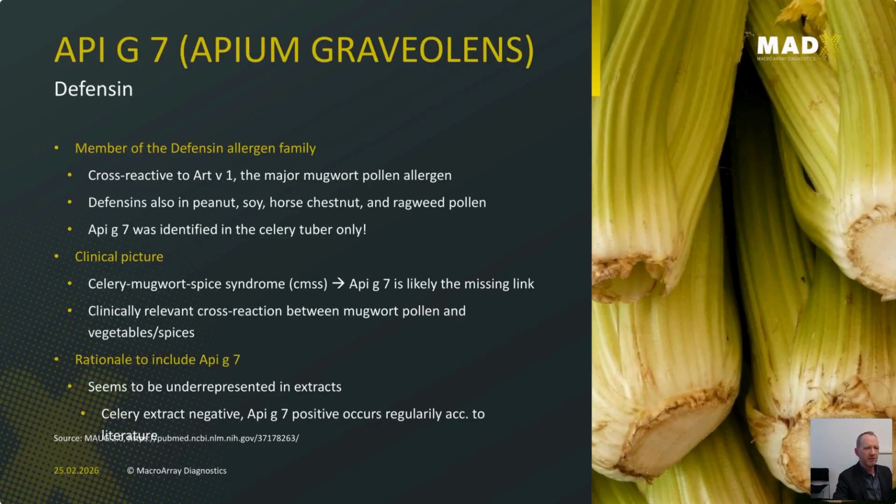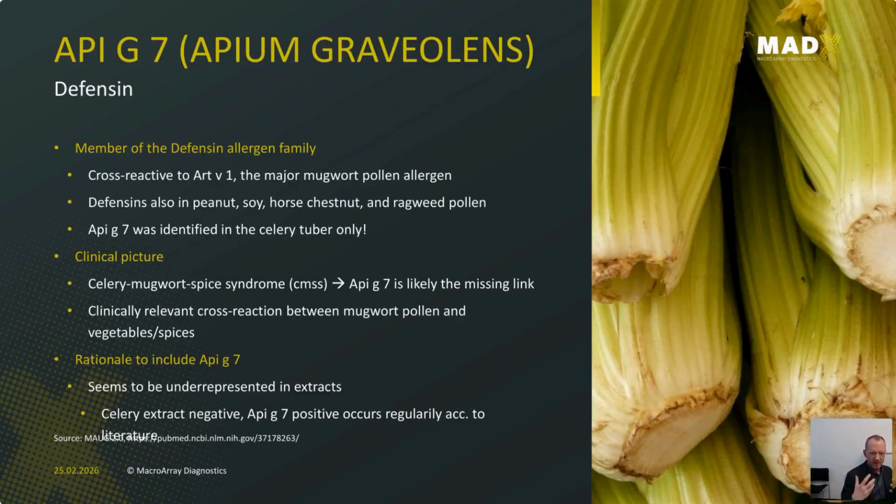Api g 7 is a plant defensin that has a high level of cross-reactivity to Art v 1, which is the major mugwort pollen allergen. It's essentially only found in the celery tuber and also in the seeds, and is resistant to heat as well as digestion. There's a clinically relevant cross-reaction between mugwort pollen and vegetables and spices, which is referred to as the celery-mugwort-spice syndrome.